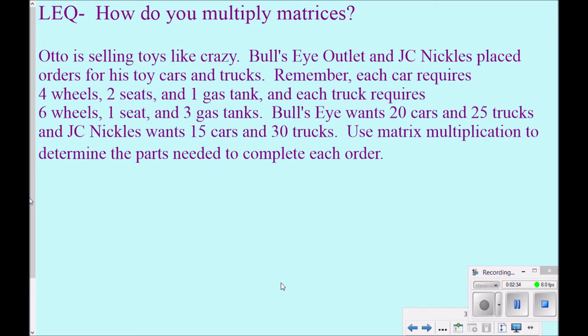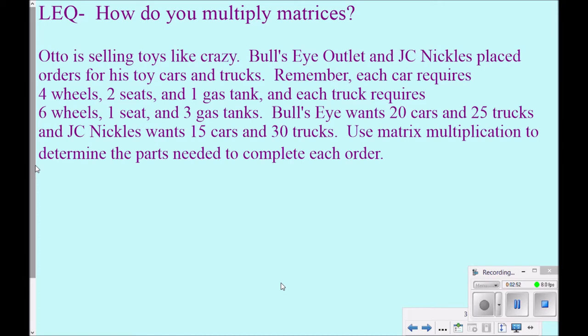So 20 times 4. And then we'd do the same thing with the number of trucks, 25, and multiply that by the number of wheels needed per truck, which was 6. And that would give us a total for the number of wheels needed for that amount of cars and trucks, in this case 20 and 25.